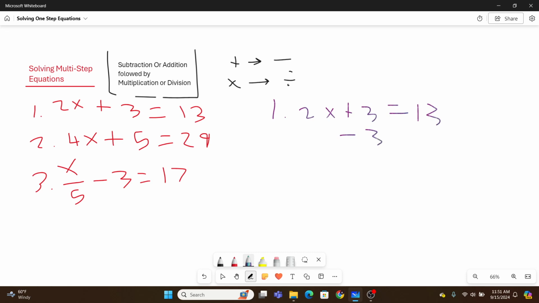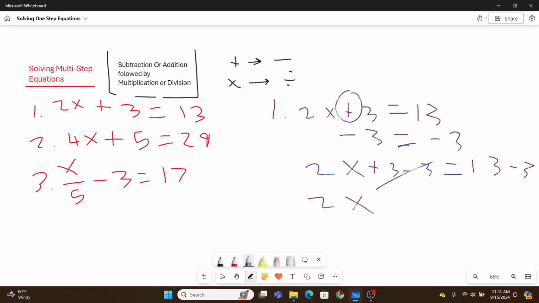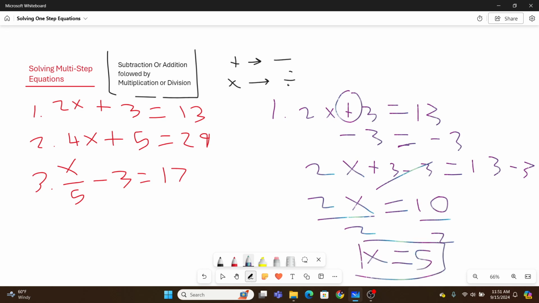So we start with subtraction or addition, and since this is addition, we will subtract 3, and we will also subtract 3 from this side, and we will get 2x plus 3 minus 3 is equal to 13 minus 3. And these 3 minus 3 is 0, so it becomes nothing, and we get that 2x is equal to 10. And if you divide by 2 on both sides, then you get x equals 5. That is the answer to number 1.